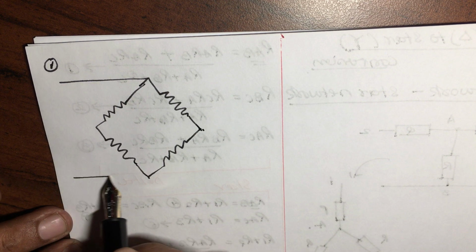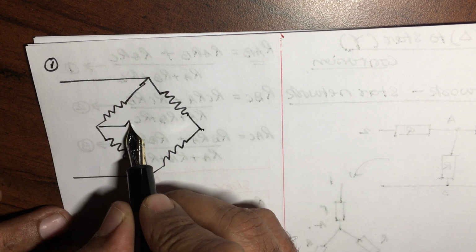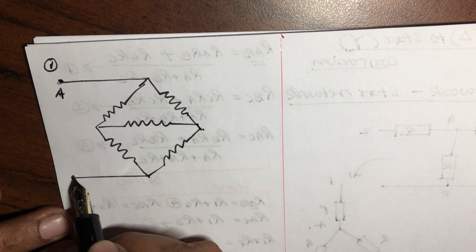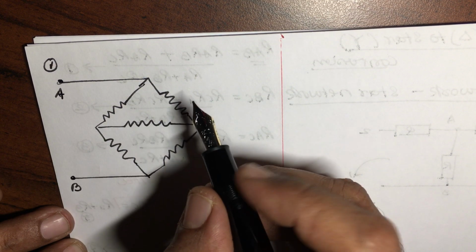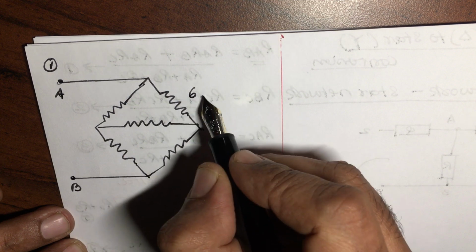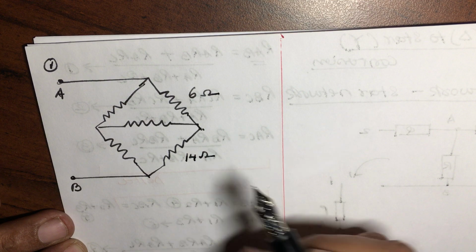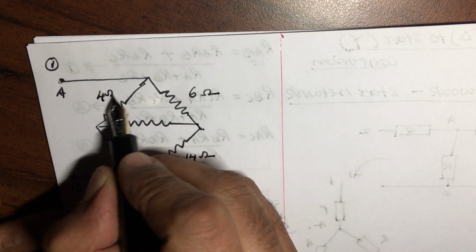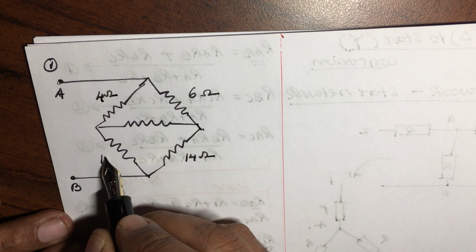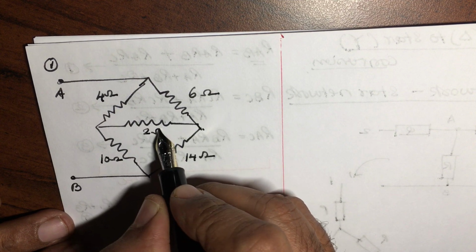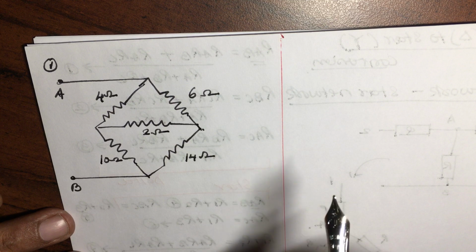This is A, that is B. This is 6 ohm. This is 14 ohm. This is 4 ohm. This is 10 ohm. This is 2 ohm. Question is find the equivalent resistance.